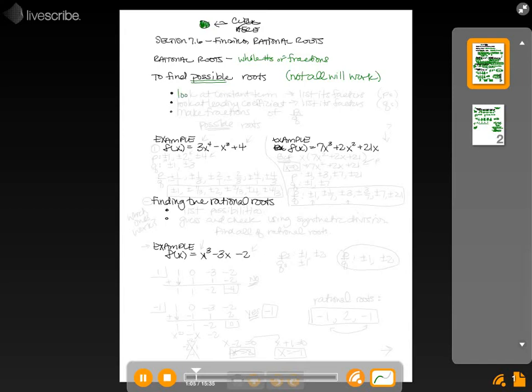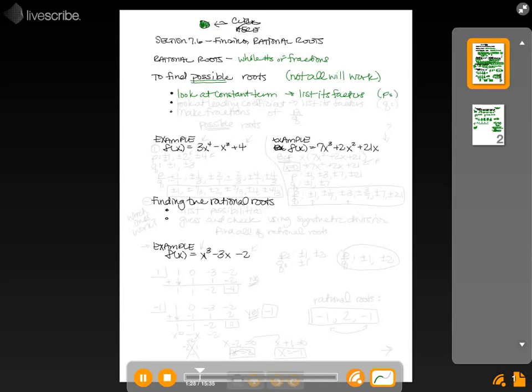First thing you want to do is look at the constant term, and then list its factors. Remember, factors are numbers that multiply to whatever number you're looking at. Those are called your p's.